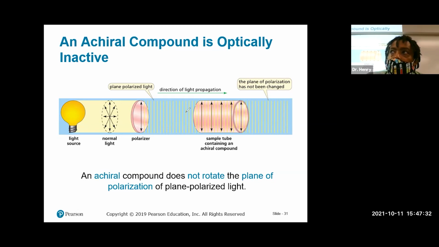This is what it looks like initially, and this is when we have a tube that is containing a chiral compound.